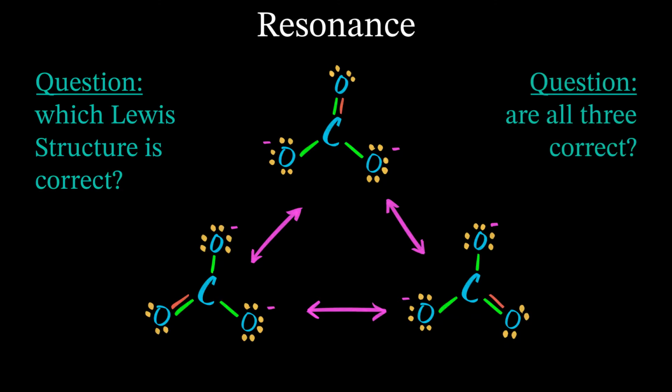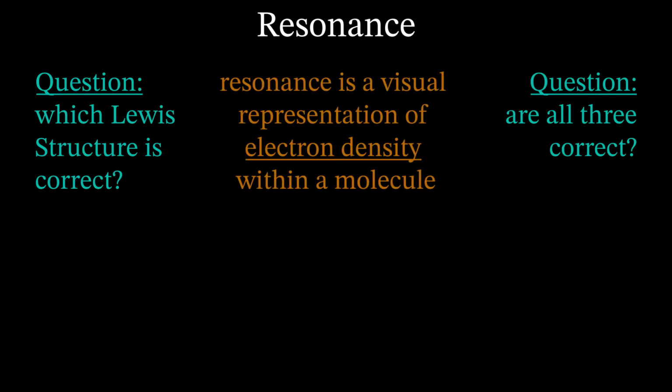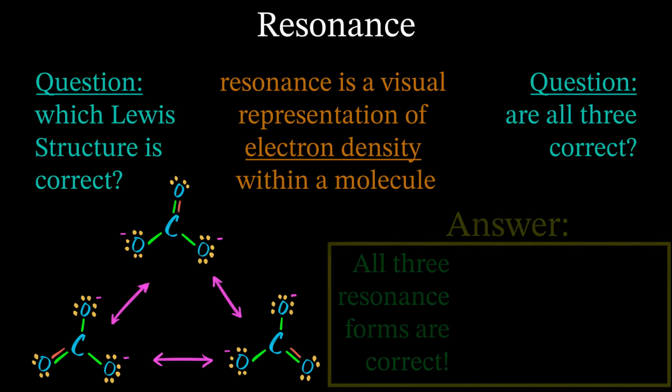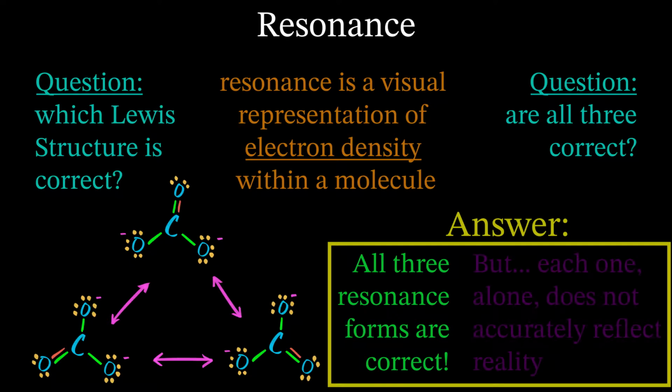The answer to this question is a little more complicated than a simple yes or no, or by merely selecting a single structure. Resonance structures serve as a representation of how the electrons are distributed among the atoms in a molecule. The structures drawn here, if we go back to carbonate, are all correct, but none of them truly represent what carbonate actually looks like.